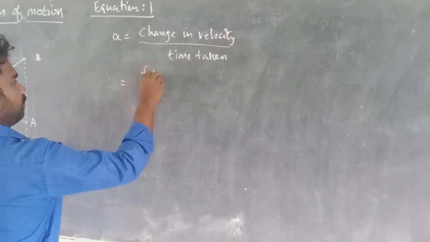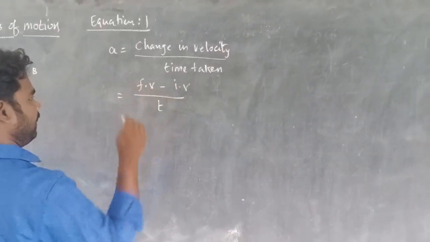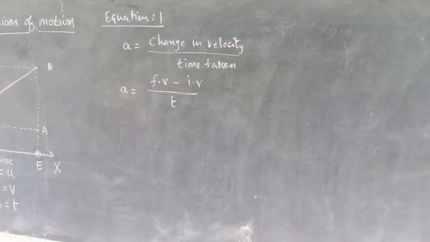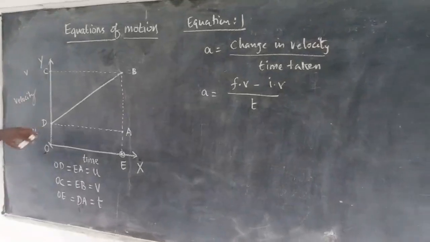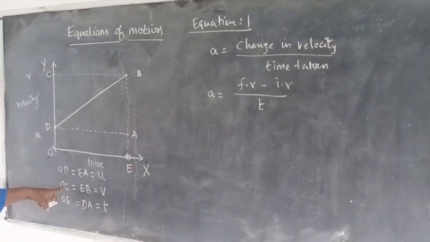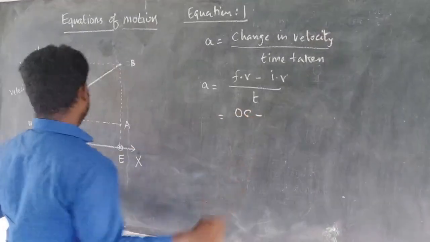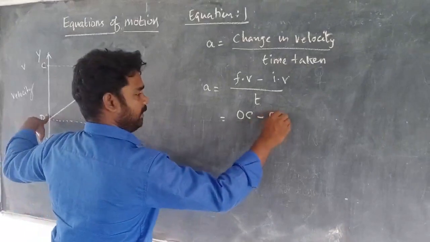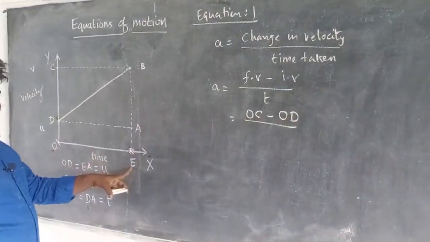Final velocity minus initial velocity by the time taken is the value of acceleration. Okay. By using this graph, what is the final velocity? OC is the final velocity. So OC minus initial velocity is OD and the time is OE.